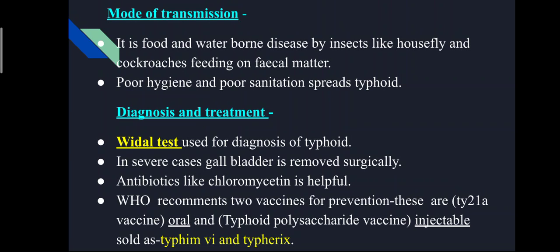But for prevention of typhoid, WHO recommends two vaccines. One is oral, that is Ty21A vaccine, and the other one is the injectable typhoid polysaccharide vaccine, and both these are sold under the names Typhim Vi and Typherix. So in this way, for treatment of typhoid, first diagnosis is done with the help of the Widal test, and then treatment is given.